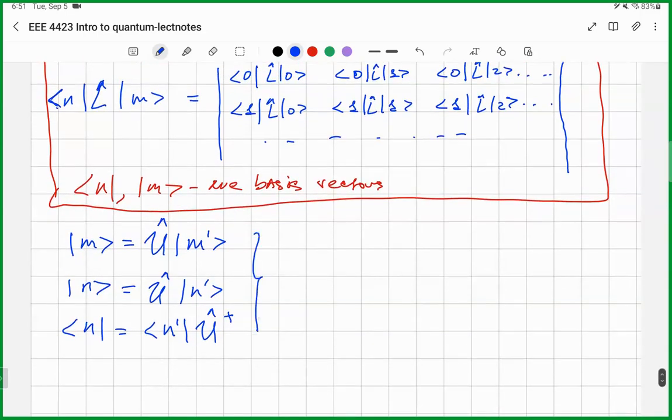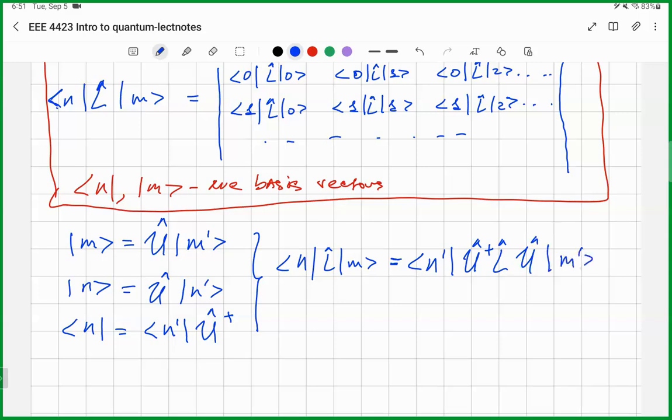And now I substitute this into the formula for the matrix of the operator L. For n, I get n dash U dagger, then this operator L, and then U operator, and m dash vector.